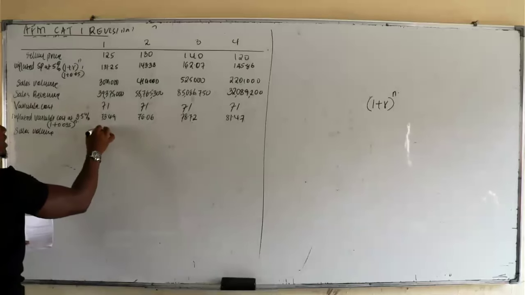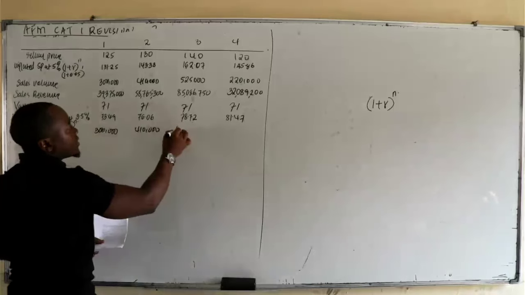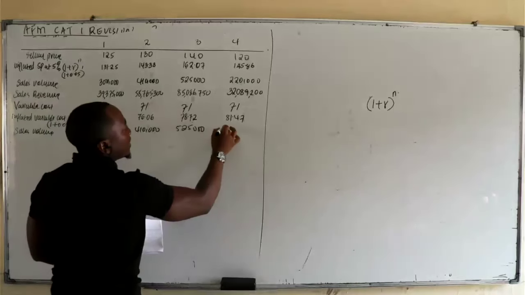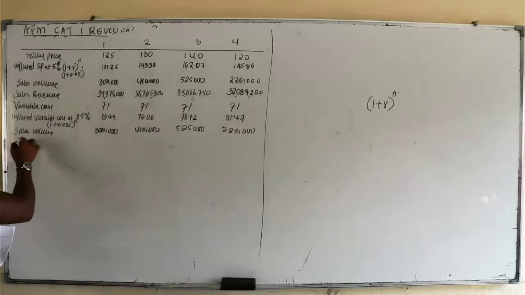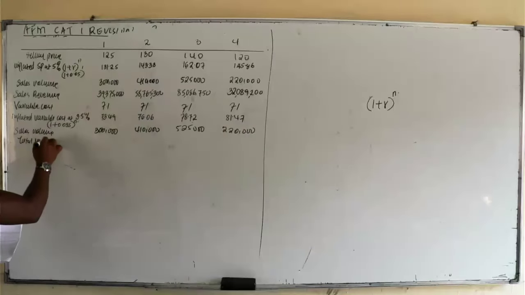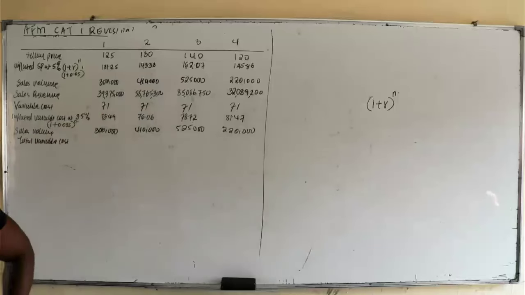The sales volume, we had 300,000 units, 410,000 units, 525,000, and here we had 220,000. Now give me the total variable cost. To get the total variable cost, you take the inflated variable cost per unit and multiply by the number of units.